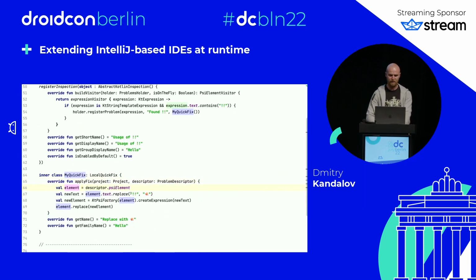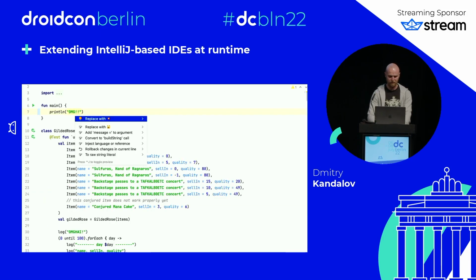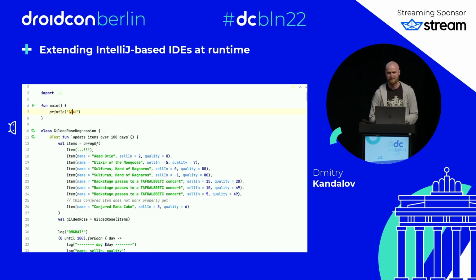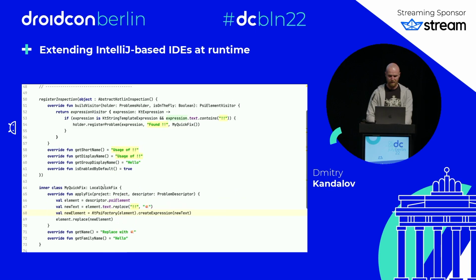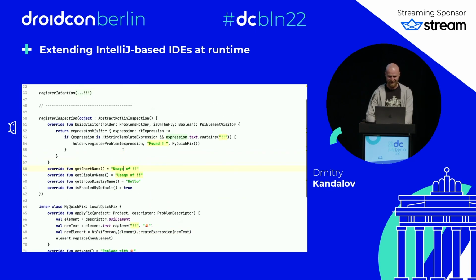It gets the text of the element, gets the exclamation marks replaced, and again, using PSI factory, creates a new element. So if I go back to this code, I can now fix it with exclamation mark and replace with cat. So that's the inspections. Yeah, also highlights everything in this file now. And this is how you can basically do it.